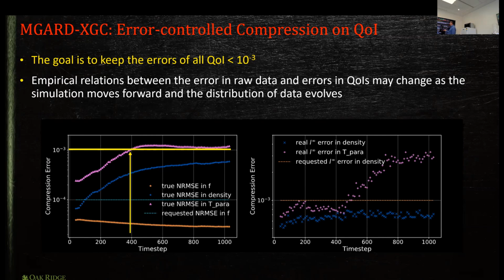When we plot the errors of the raw data, we have very low errors, okay? But we'll see that the errors of the linear quantities of interest are less than what the physicists want. But then when we look at T parallel, at a certain time step, it's greater.